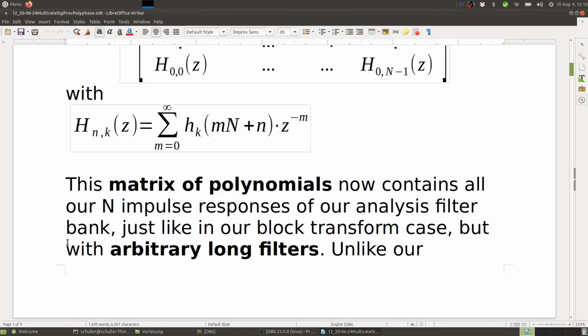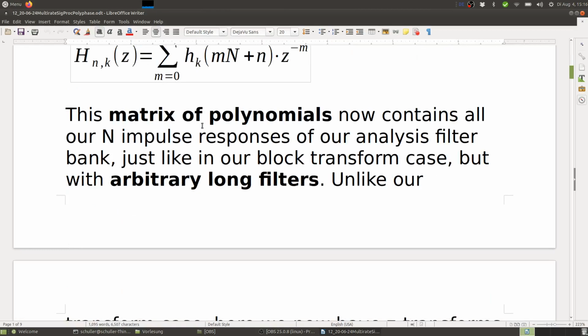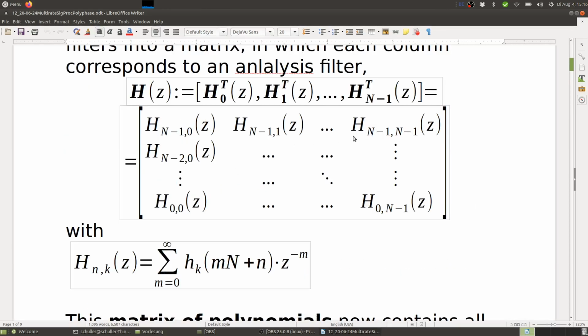This matrix of polynomials now contains all our N impulse responses of our analysis filter bank, just like in our block transform case, but now with arbitrarily long filters. So here you can see indeed we get this square-shaped matrix like in our DCT or DFT case, just instead of having only numbers, we have polynomials inside this matrix.